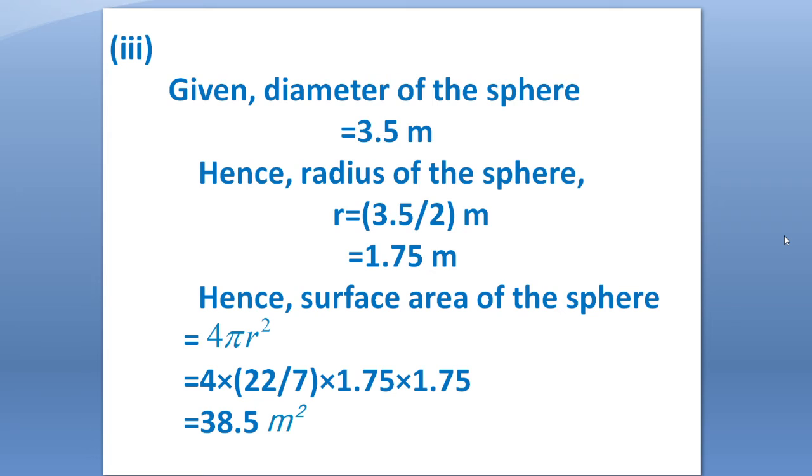Hence, surface area of the sphere is equal to 4 pi r square is equal to 4 into 22 by 7. R is 1.75 meter. So, into 1.75 into 1.75 is equal to 38.5 meters square.